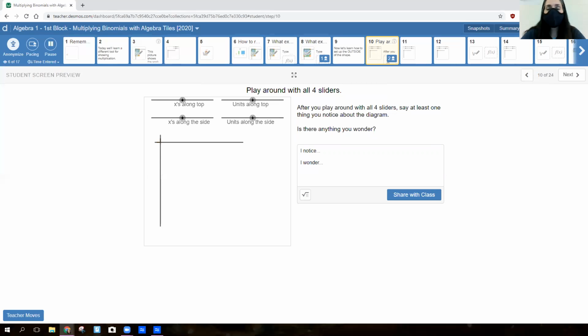And go ahead and make the sliders all different kinds of things, like experiment with what it would look like when you have negative numbers and that kind of stuff, okay?